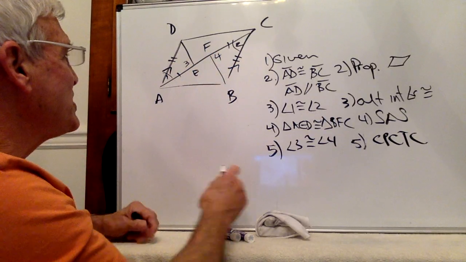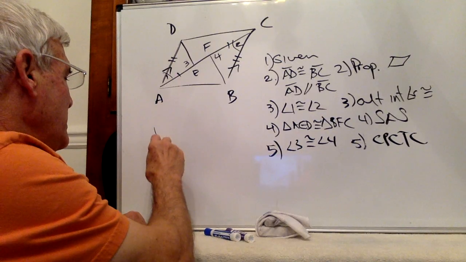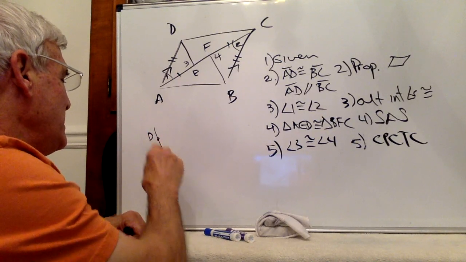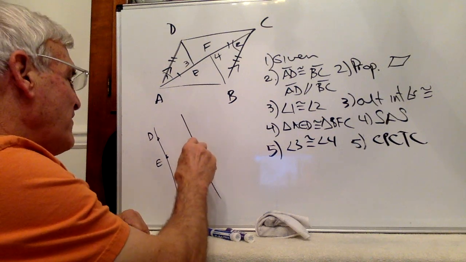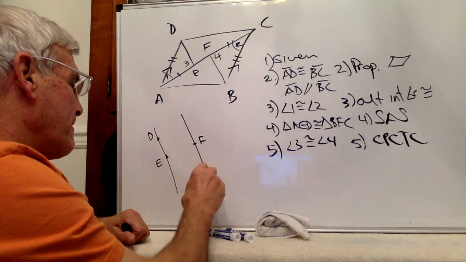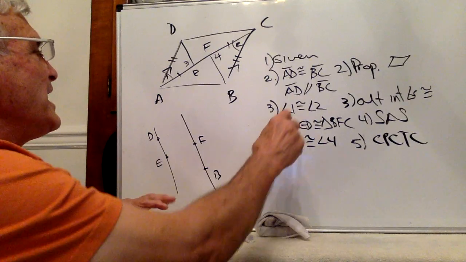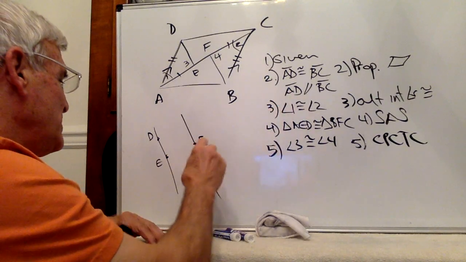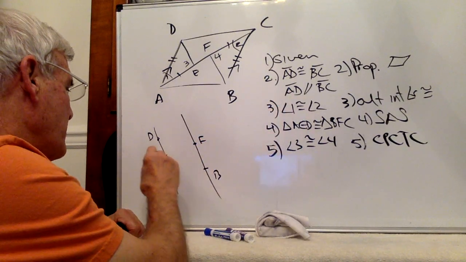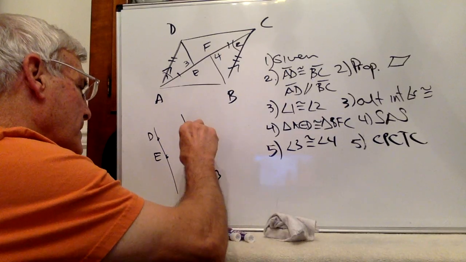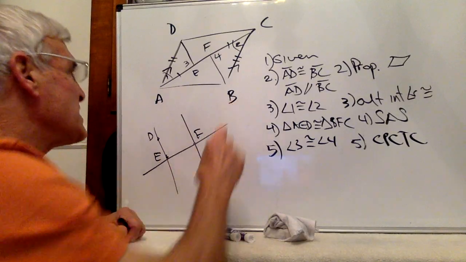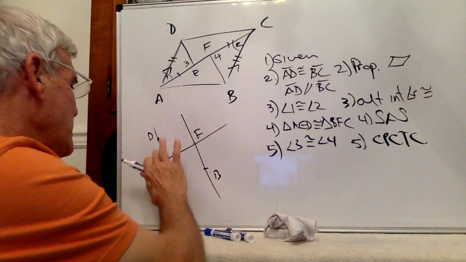And again, if you don't see it, pull them out. Here, if you extend it, here's D, E, and here's F, B. And the transversal looks like this. Here's angle 3.